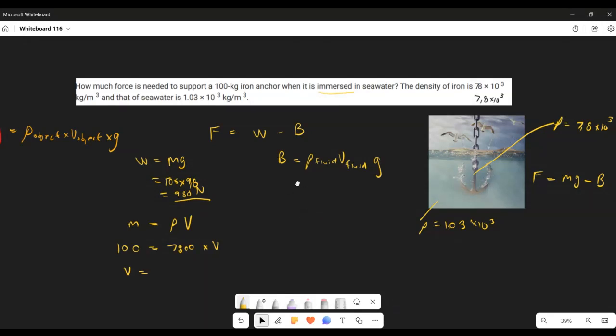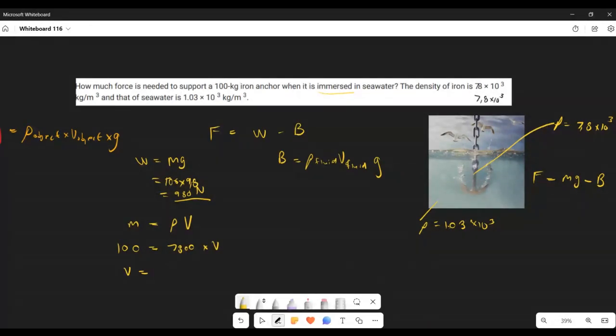So anyone can just get the volume of the object, which is the volume displaced by the fluid in this case.